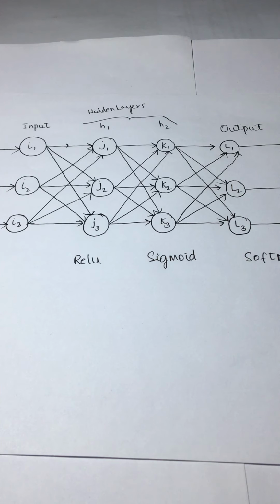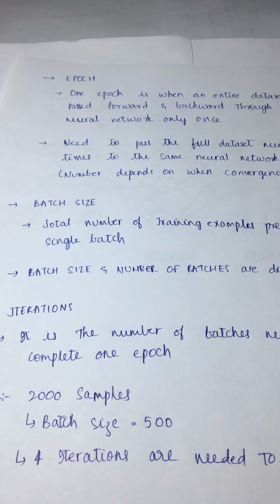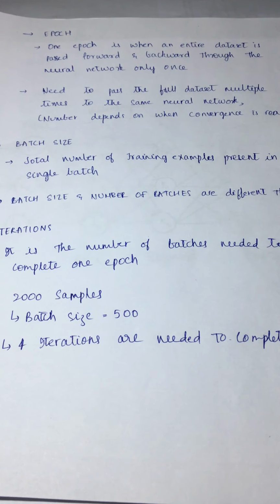So you have your epoch, then you have batch size, which is the number of training examples. With respect to the example, say you have 2000 samples and your batch size is 500.